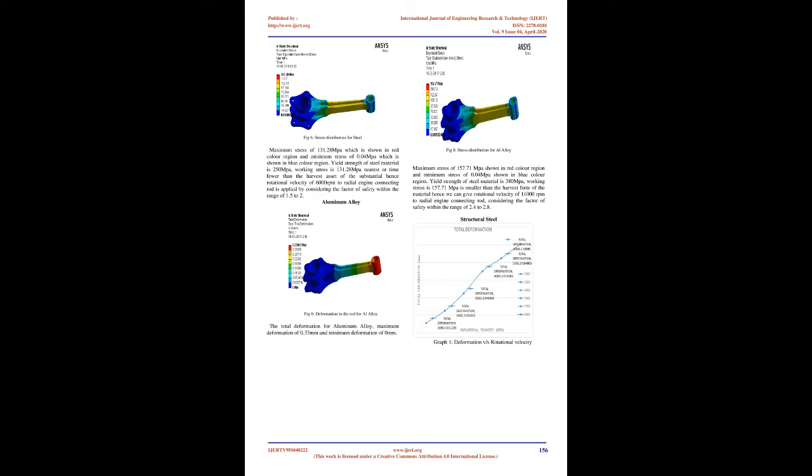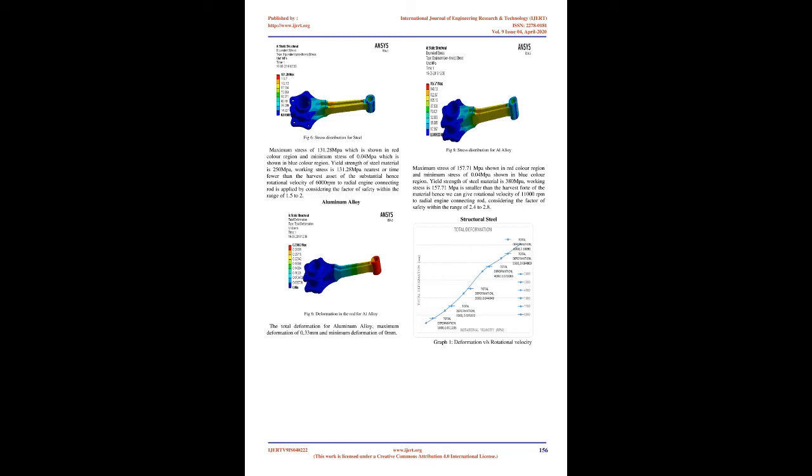Aluminum alloy. Fig. 6, deformation in the rod for Al alloy. The total deformation for aluminum alloy is a maximum of 0.33 mm and a minimum of 0 mm. Maximum stress of 157.71 MPa is shown in the red color region and minimum stress of 0.04 MPa is shown in the blue color region.